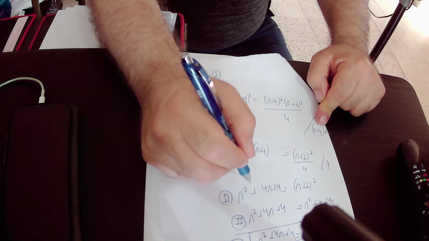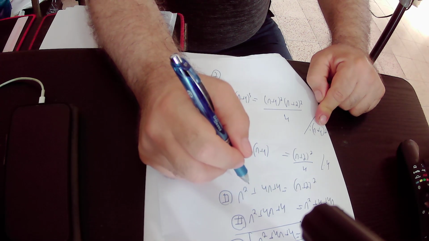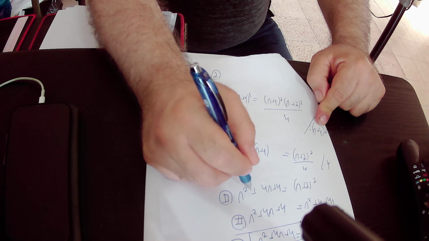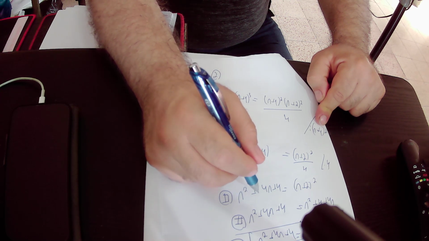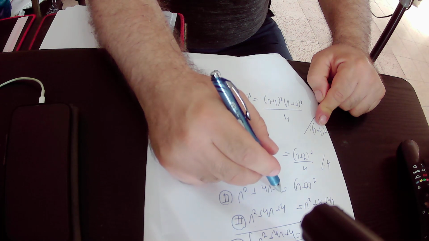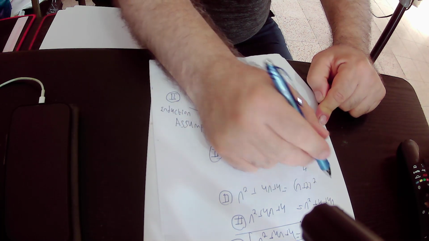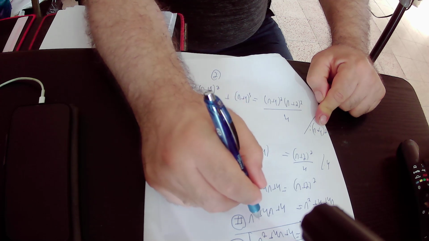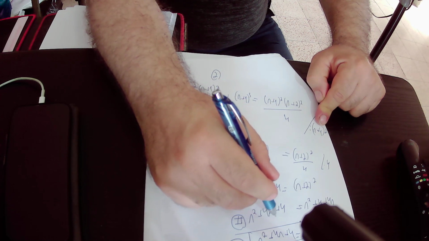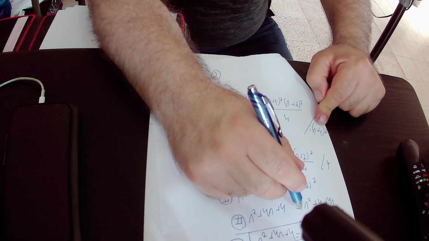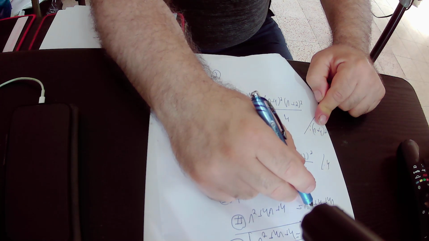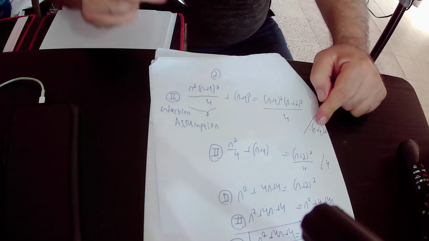And then we have here n squared plus 4n plus 4 equals n squared plus 4 plus 4n, or n squared plus 4n plus 4 equals n squared plus 4n plus 4.